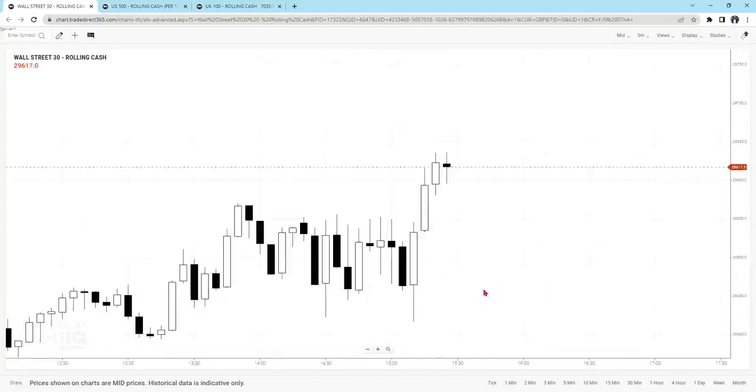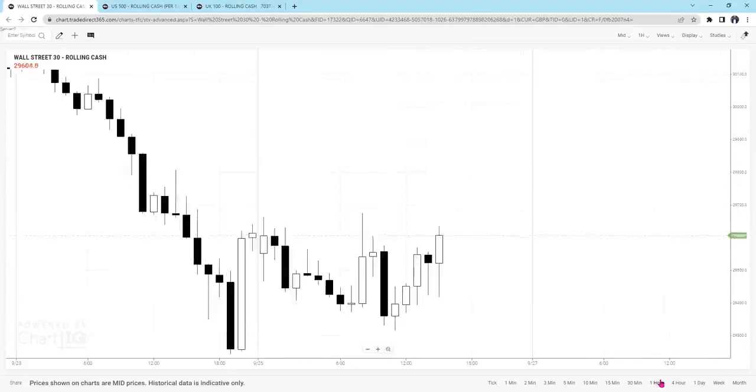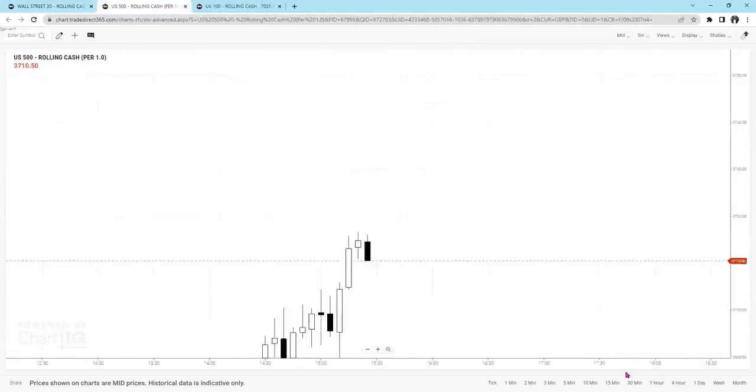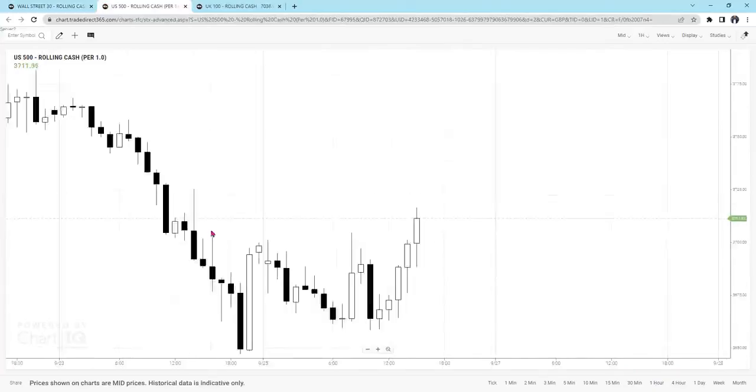So it looks like you have a pretty decent breakout in the Dow. So I'd like to be a buyer on a retracement. Well, hey, I may change my mind. And the hourly is still a trading range. The S&P looks better. Structurally looks better.